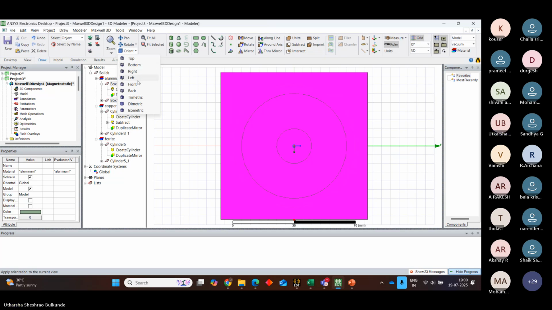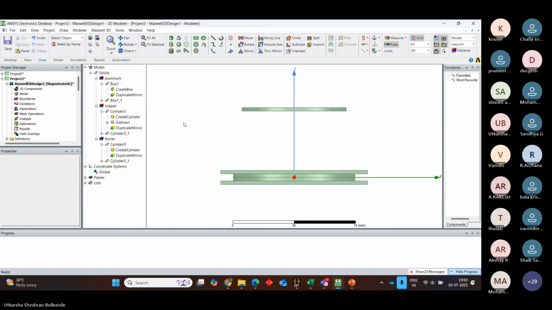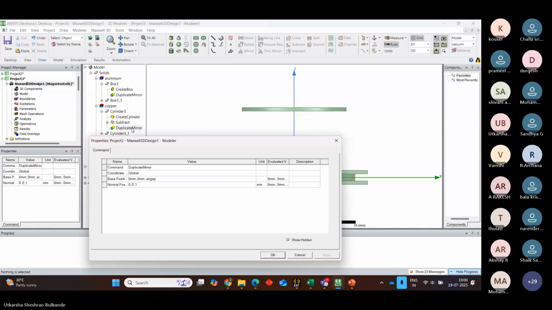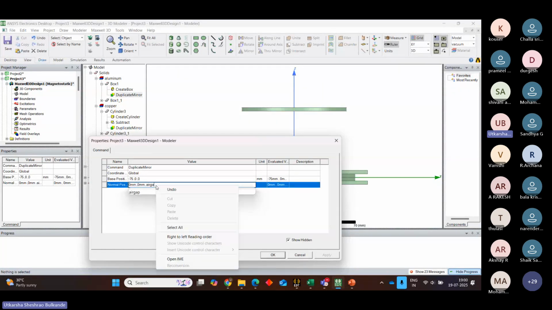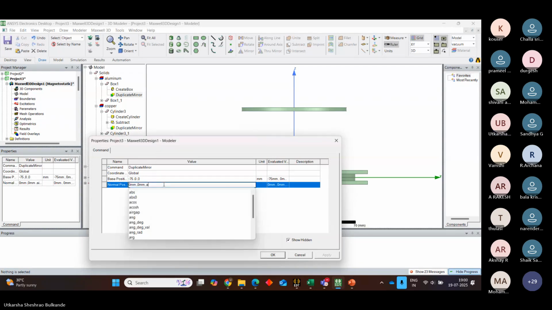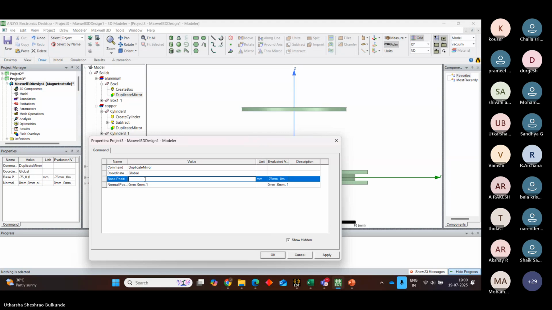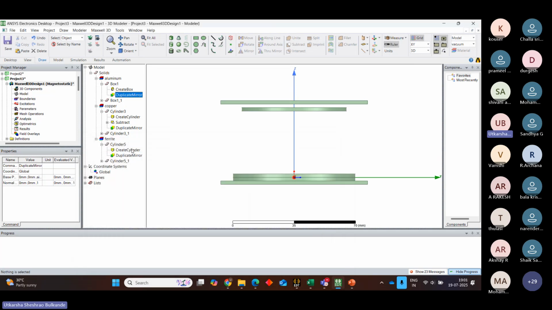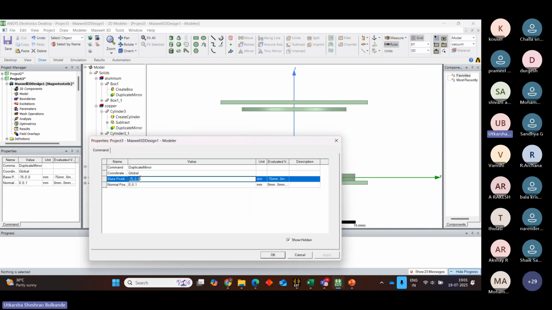Front view. Zero, zero, air gap. Then here also zero, zero, air gap.